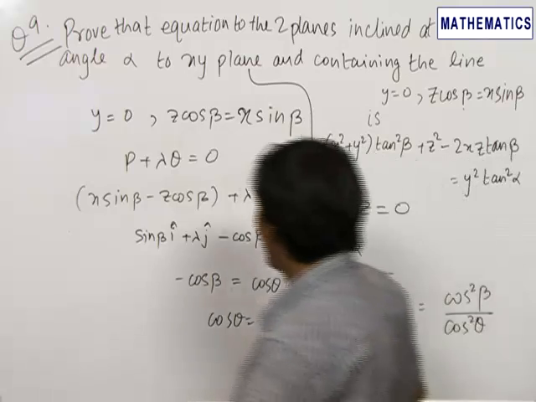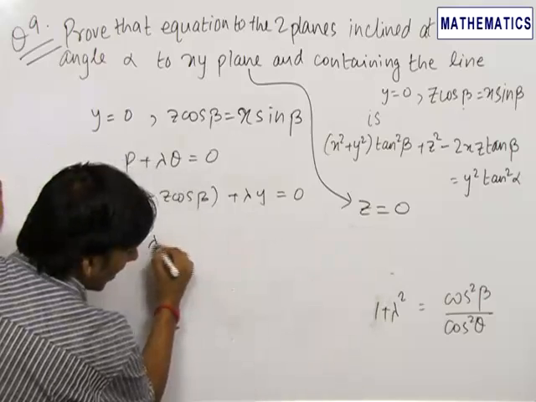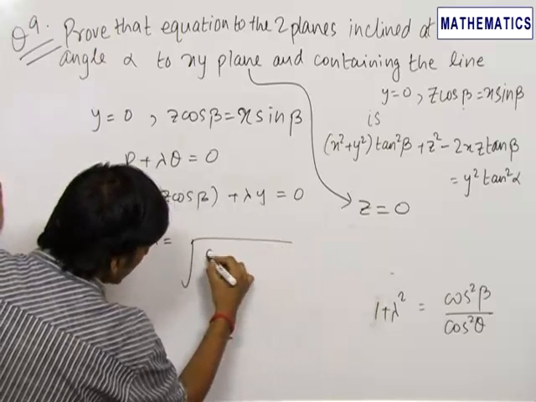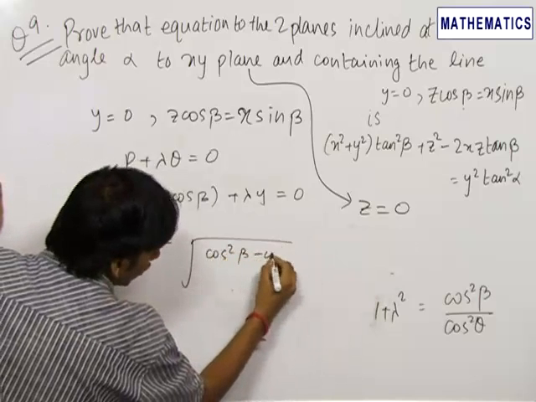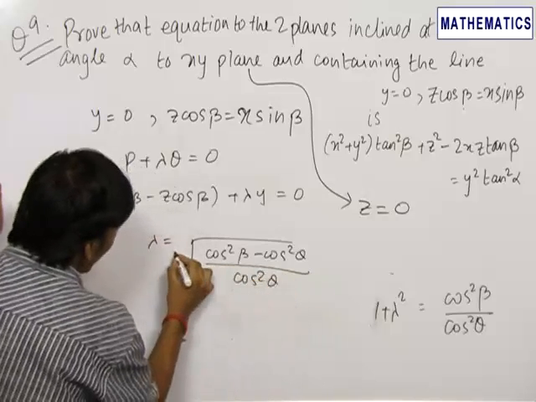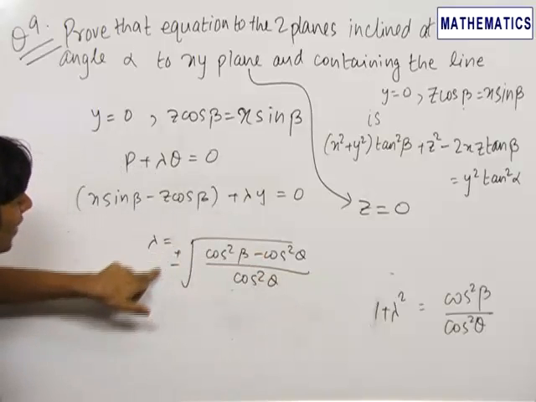So on solving this we get lambda is equal to root over cos square beta minus cos square theta upon cos square theta, and we add plus minus over here because we have taken the root on both sides. So we get two values of lambda.